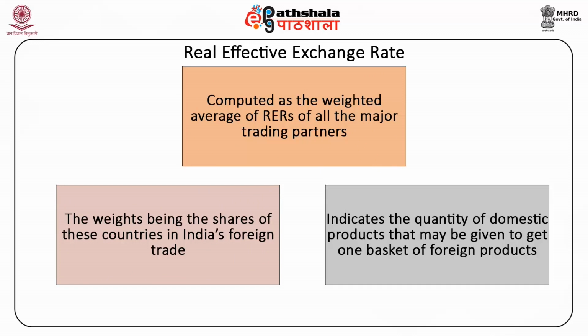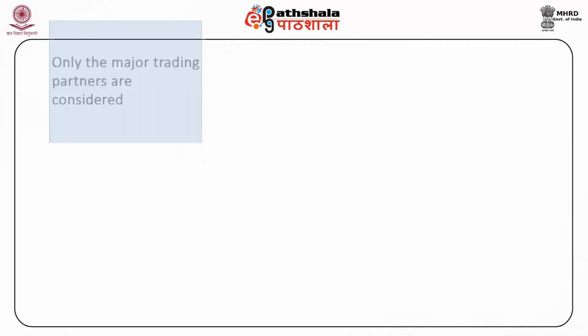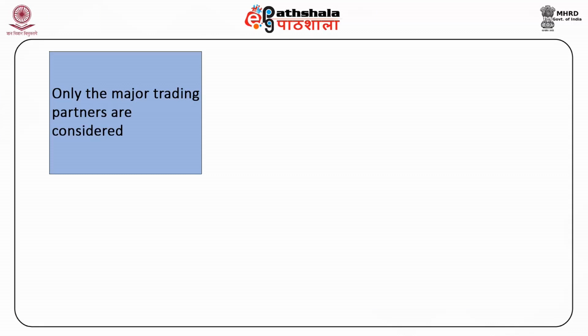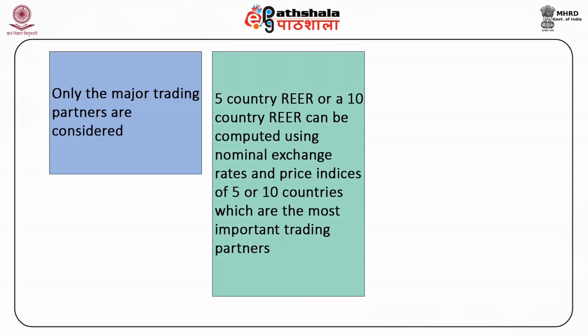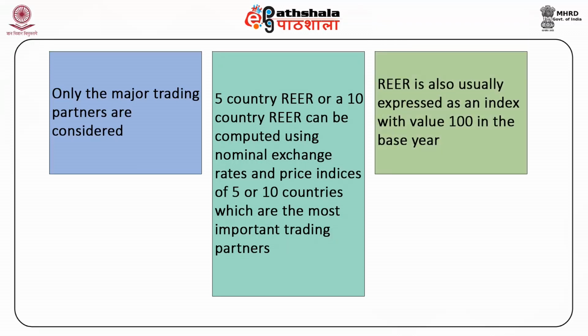It indicates the quantity of domestic products that may be given to get one basket of foreign products. Again, only the major trading partners are considered. For example, a 5-country real effective exchange rate or a 10-country real effective exchange rate can be computed using nominal exchange rates and price indices of 5 or 10 countries which are the most important trading partners. Real effective exchange rate is also usually expressed as an index with value 100 in the base year.